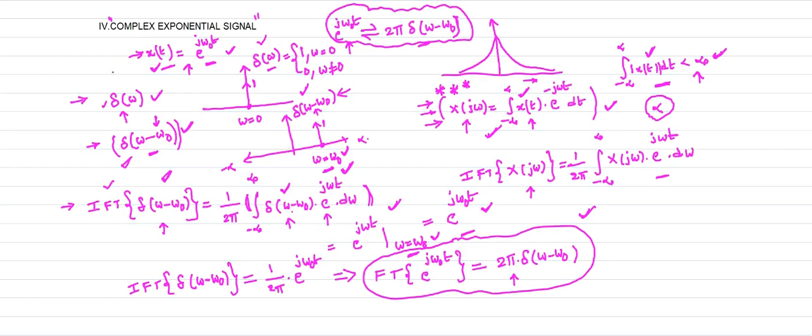Therefore we find the Fourier transform in the indirect way. For that you just remember this signal, delta of omega minus omega naught. To find the Fourier transform of the complex exponential signal, you must remember this signal. From this signal only we can obtain the result of the Fourier transform of the complex exponential signal.